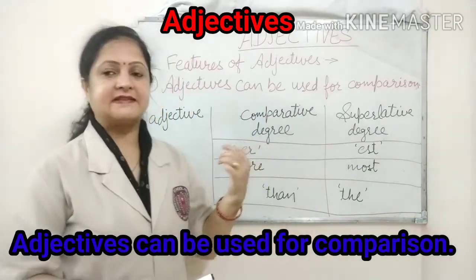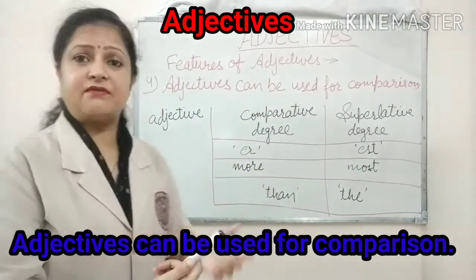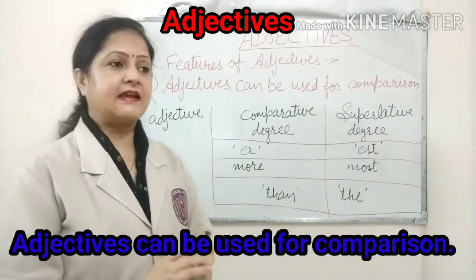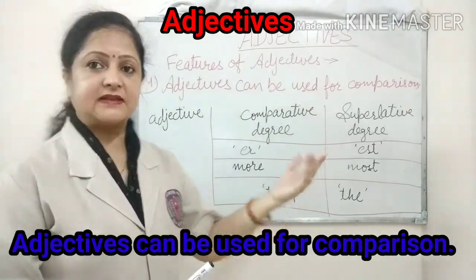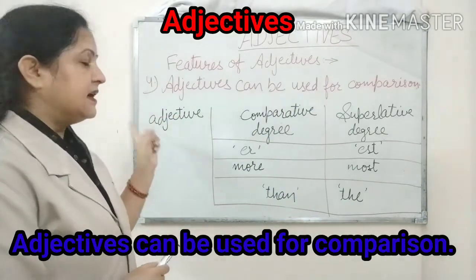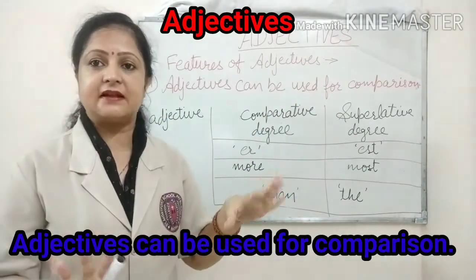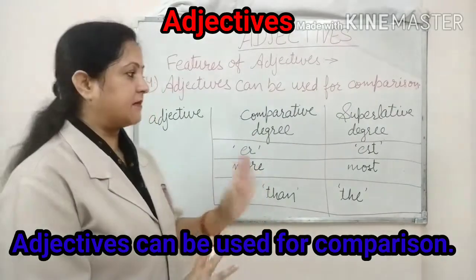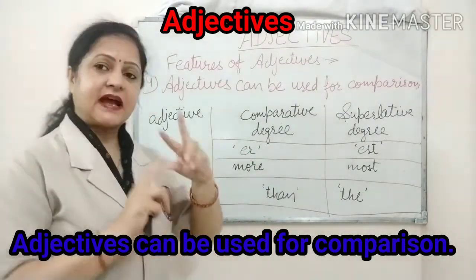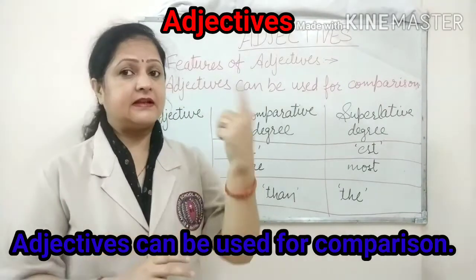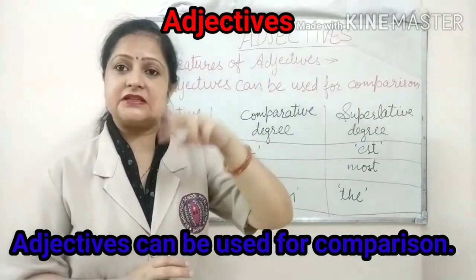So we can take one example here, the same example of intelligent. Like I am saying Ram is an intelligent boy. So this is our positive degree of adjective. That means we are not making any comparison. We are simply telling that Ram is an intelligent boy. Now I want to compare the intelligence of Ram with Shyam.